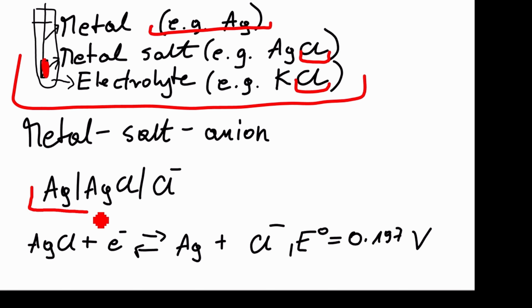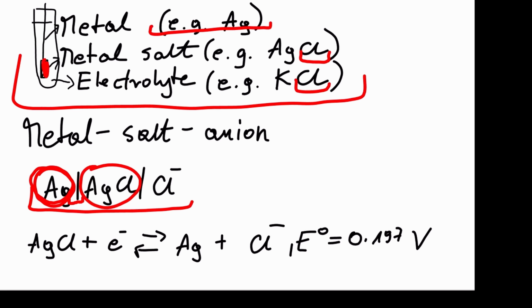Here you have the scheme. Silver, single vertical bar, so the interface between two phases. However, these two phases are solids, but those are different phases.